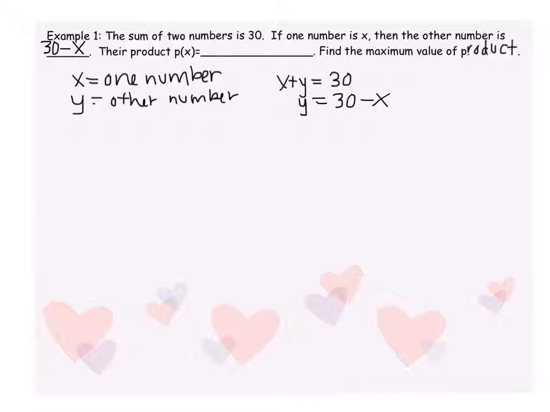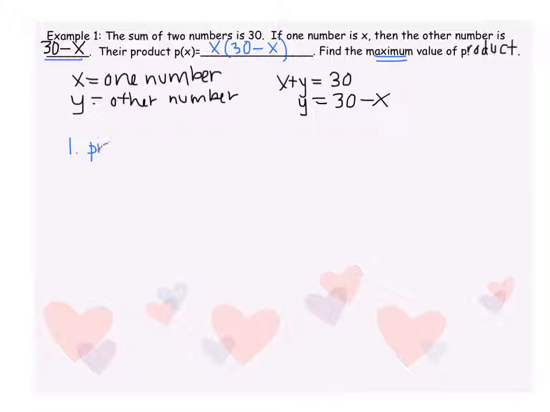So then it says their product is blank. Well, let's multiply them together. So we have x times the other number, which we just said was 30 minus x. Okay, but now we want to find the maximum value of their product. So the first thing we want to do is write a quadratic equation for the product.